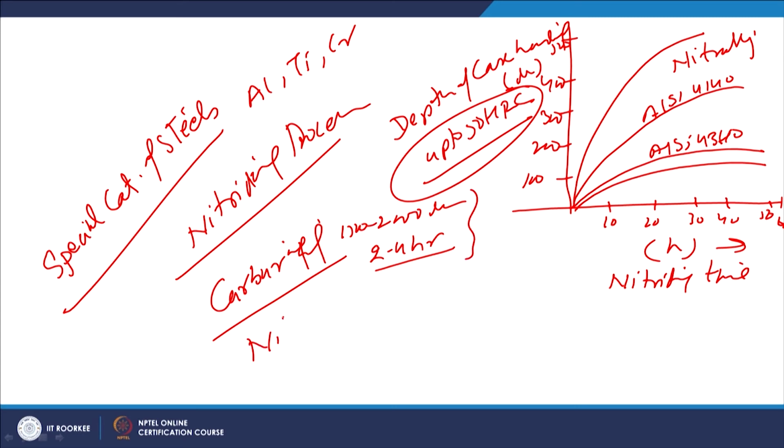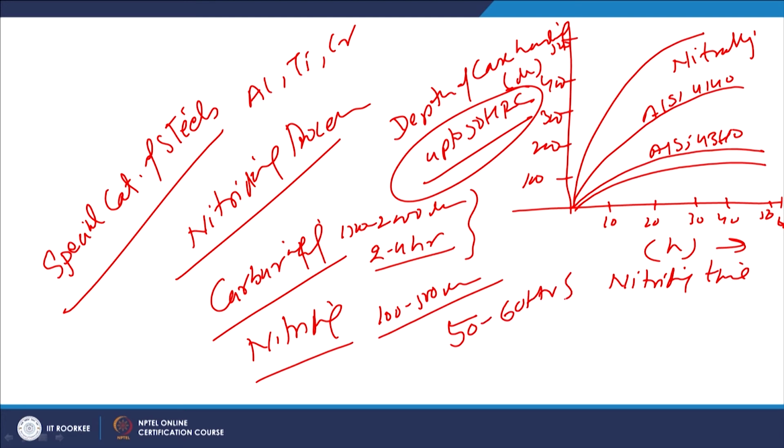In the case of nitriding, the case hardened depth ranges from 100 to 500 micrometer, while it takes a very long time of like 50 to 60 hours. So, although this variation is different for the different categories of steel, if we compare the two processes directly, then nitriding is a slower process as compared to carburizing.